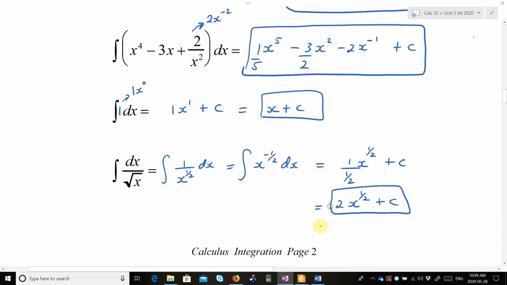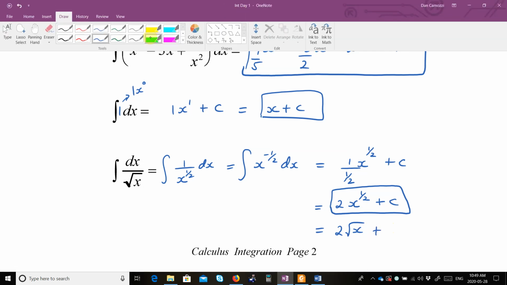Okay, and you can leave it like that, or we could write it as 2 root x plus c.